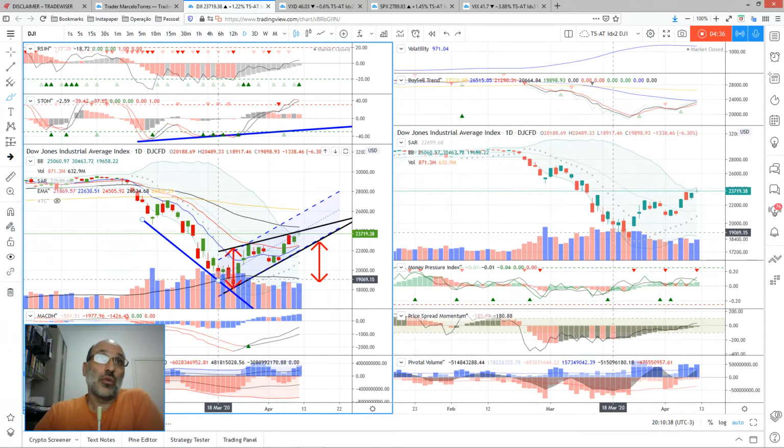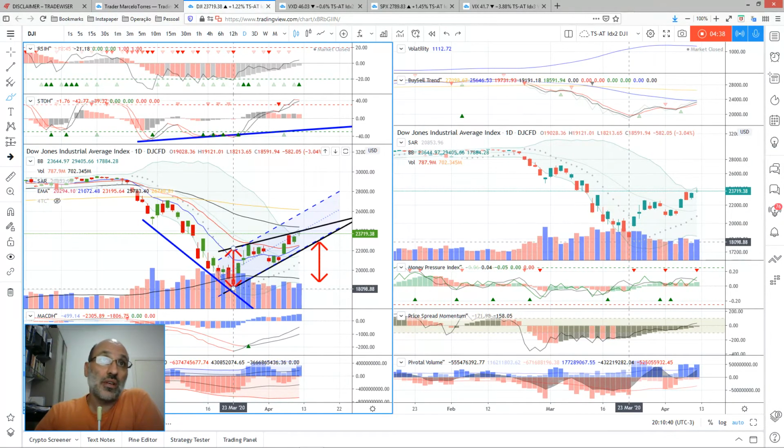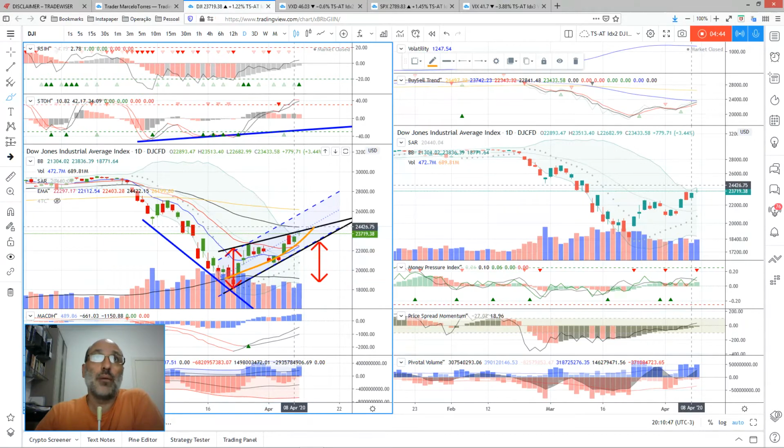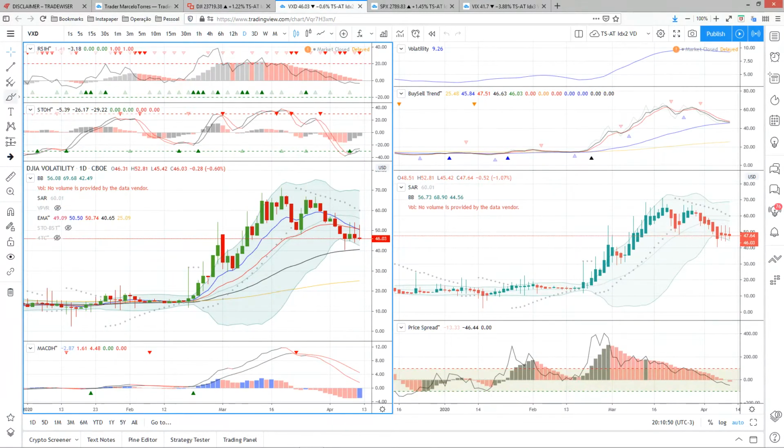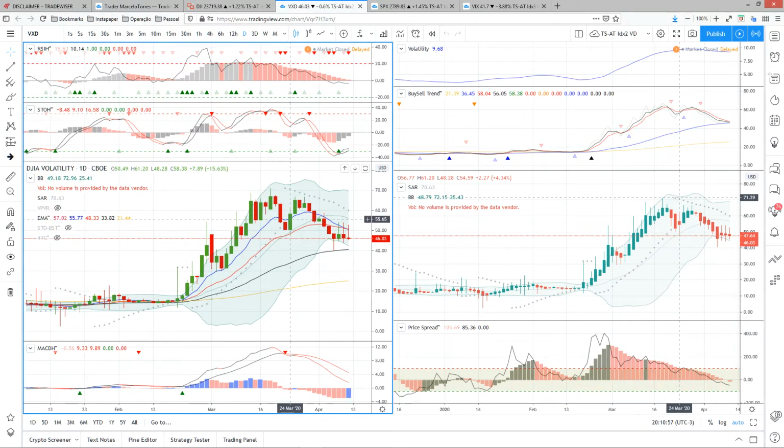So we might see this guy going down. Once it was still going up, since the first candle that went up was on March 24th, it was going up. So what happened with the index? The index started on March 24th. Here we go. It still had some doubt movement.